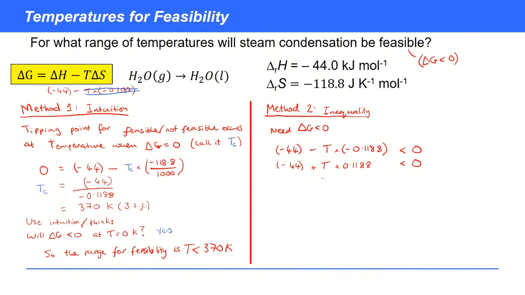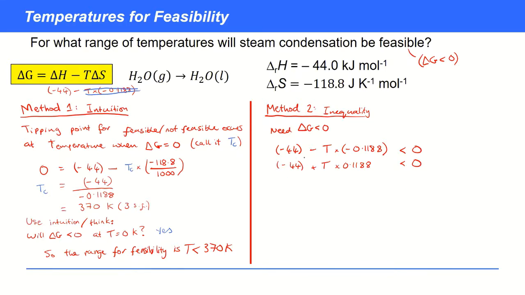Now that is actually really helpful because this has become positive. Remember, with inequalities, you have to flip the inequality sign if you multiply or divide by a negative number. That's quite annoying to have to remember, so I make a rule for myself, which is I never divide by a negative if I can avoid it.